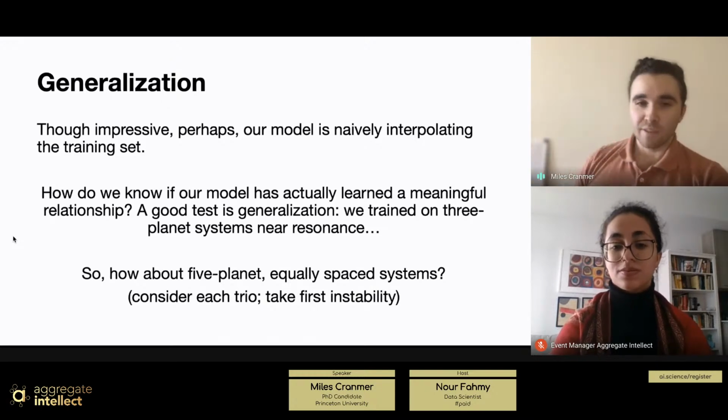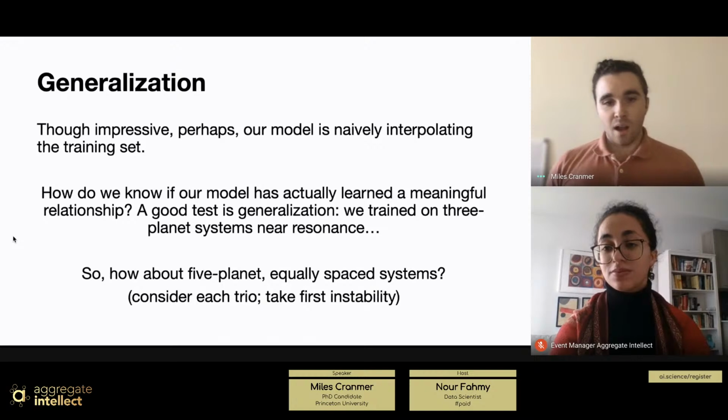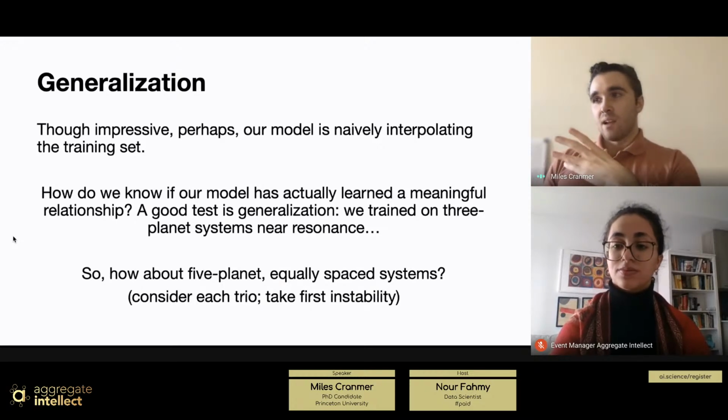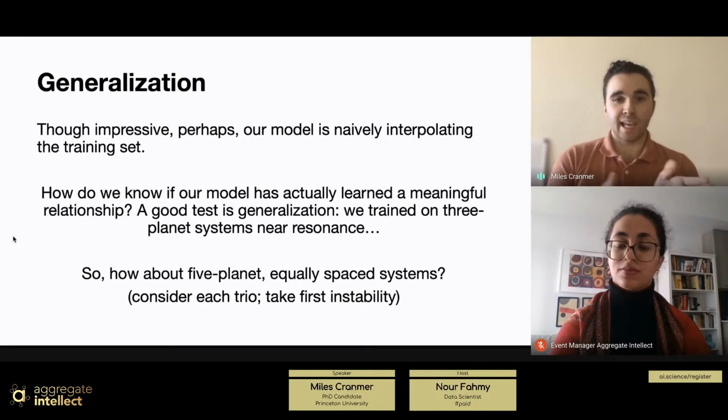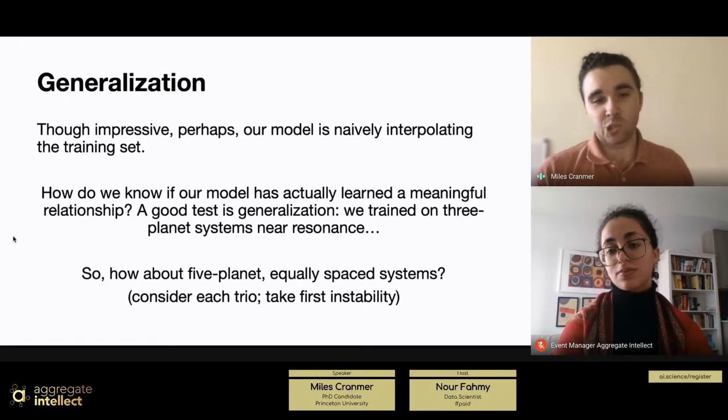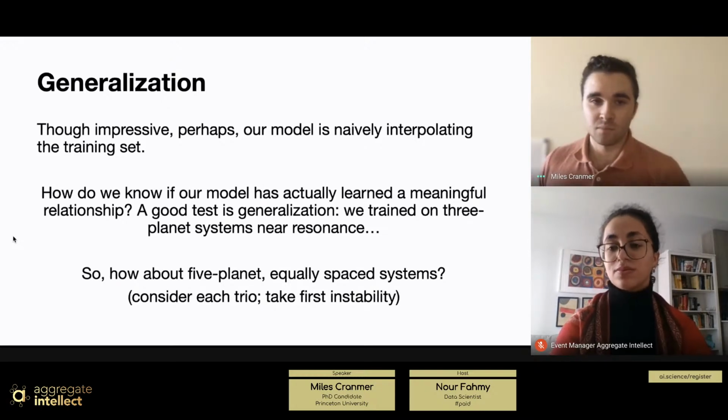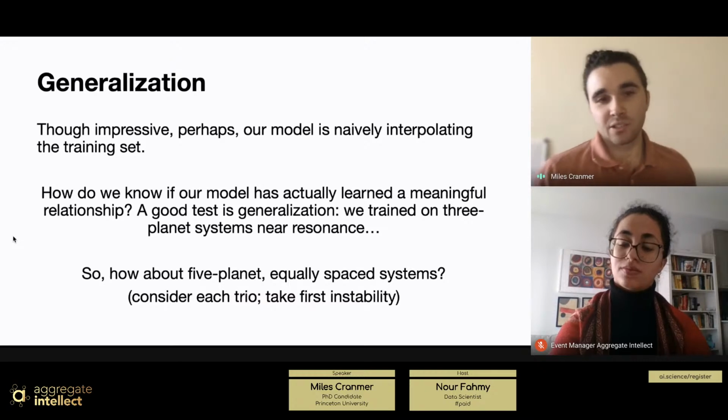We make a prediction for every trio, and then we aggregate those predictions. In this case, we care about the trio that goes unstable first. That's how you can generalize it to 5 planets.